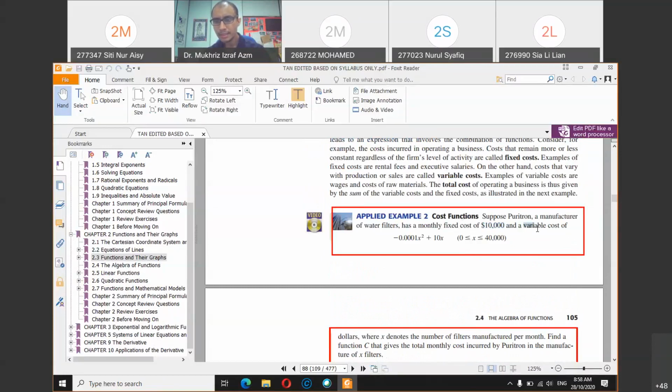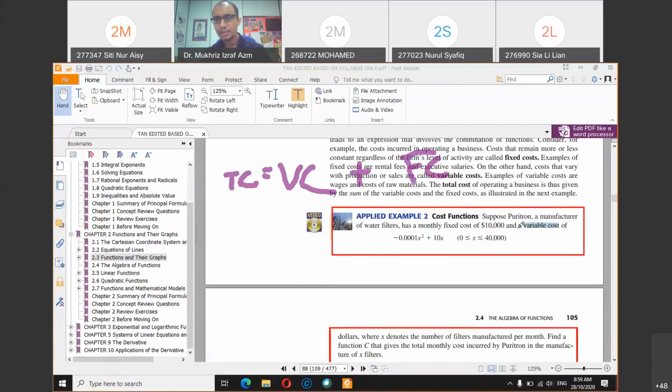It is because, as we mentioned before, the concept of cost in economics is that total cost is VC plus FC, correct? So you need to construct your total cost function first.